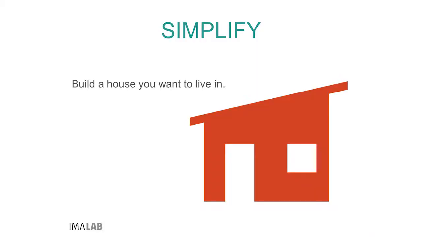One of the things that we've been looking at is a lot of the systems that we've built in the last few years, specifically thinking of internal things at the IMA. And one of the things we realized is maintenance costs of some of the systems we built are very high. And so I was thinking the other day, and I thought, really we should be building a house we want to live in. And it doesn't just apply from the technology side.